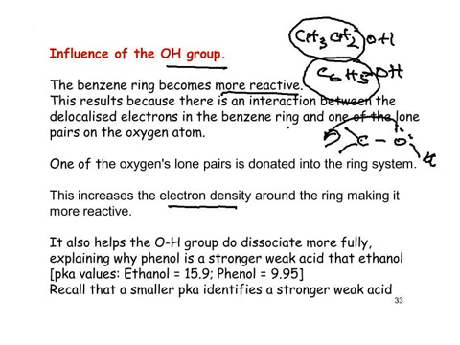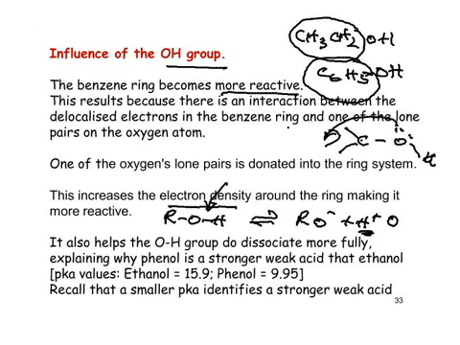It also helps the OH group to dissociate more. Now, an alcohol can have acidic properties as a result of a weak dissociation where we get RO⁻ plus H⁺. And the more this OH bond breaks, the more H⁺ you'll get, and the stronger it will be as a weak acid. So it also helps the OH group to dissociate more fully, explaining why phenol is a stronger weak acid than ethanol.